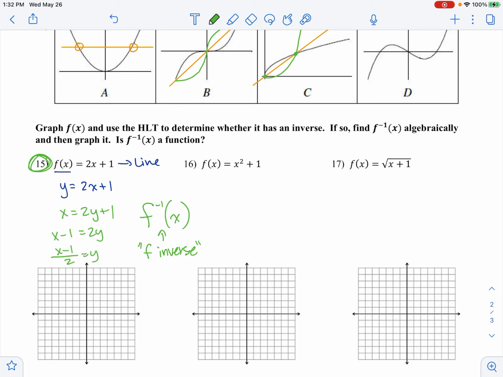F inverse of x. What is f inverse of x? That's kind of like saying y equals. Well, it's x minus 1 all over 2. There's our algebraic answer for number 15. You could also graph it, and you could see that they do reflect over that line, y equals x.